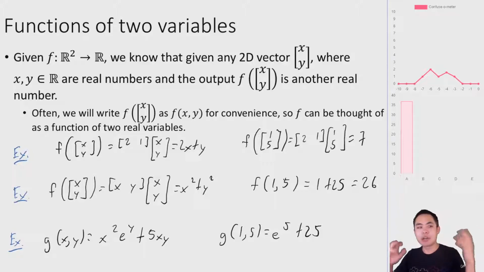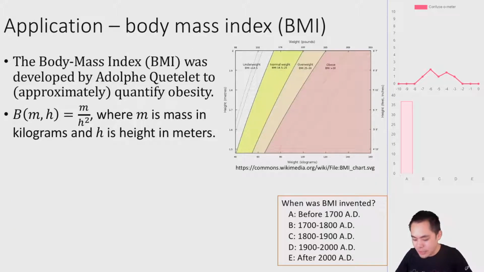Now, these things are ubiquitous all throughout mathematical biology and, well, modeling in general, because often you have more than one variable. So let's give a quick example of the body mass index. This was developed to approximately quantify obesity. So B of m, h is equal to m divided by h squared, where m is mass in kilograms and h is height in meters.